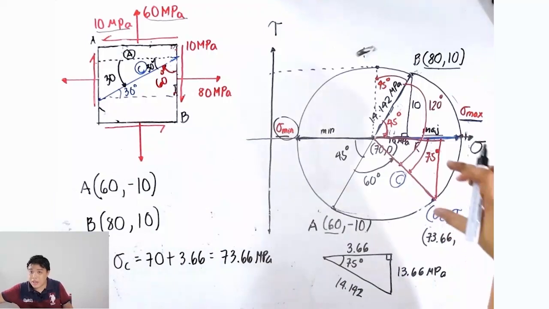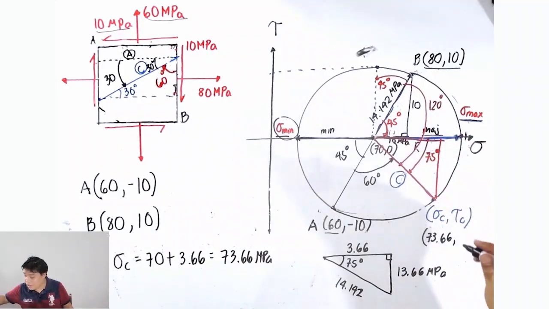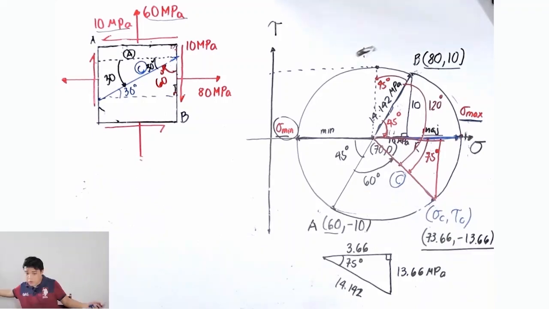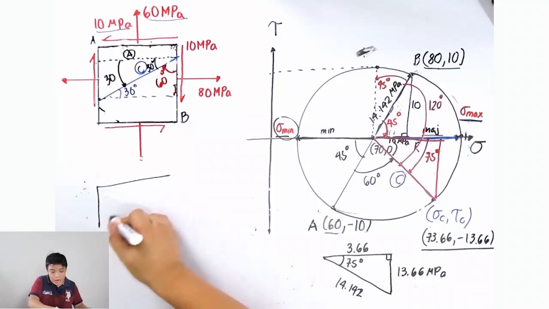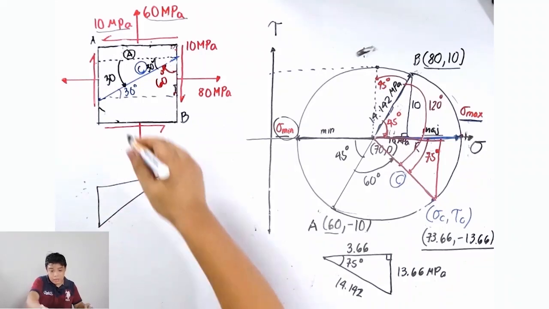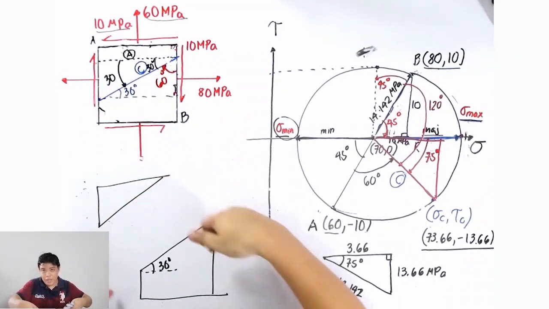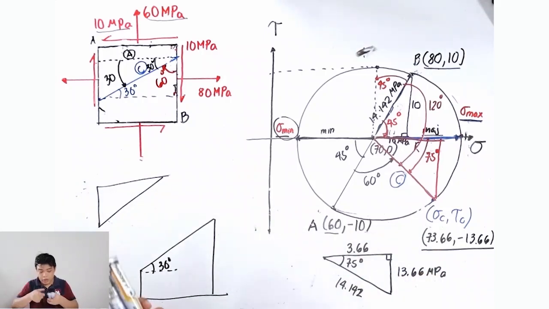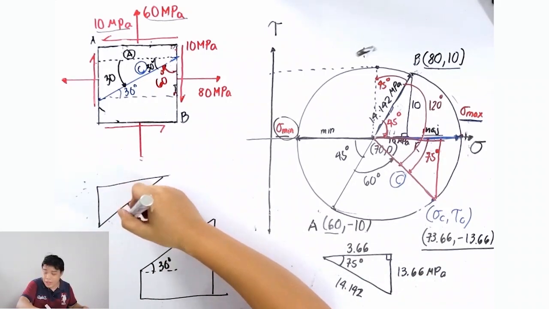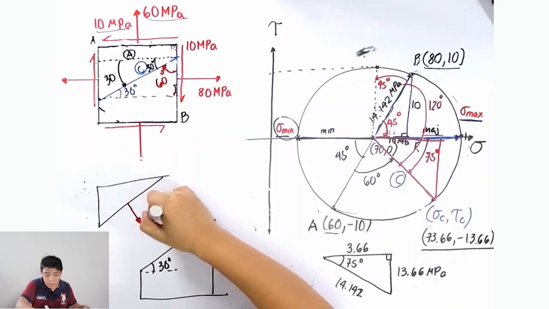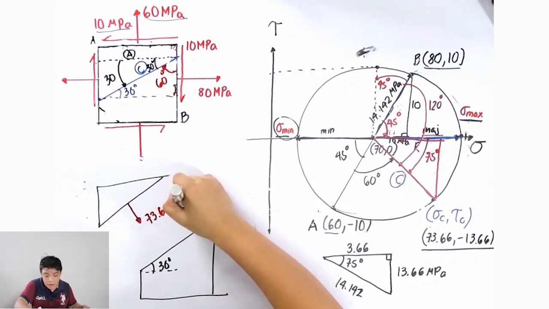And for tau C, since it is plotted below the x-axis, therefore we can just name it as negative 13.66. So it means, if you're going to expose or cut this one on the 30-degree planes, you can have any FBDs. This is 73.66. It follows that this plane experiences a normal tensile stress of 73.66 megapascal.